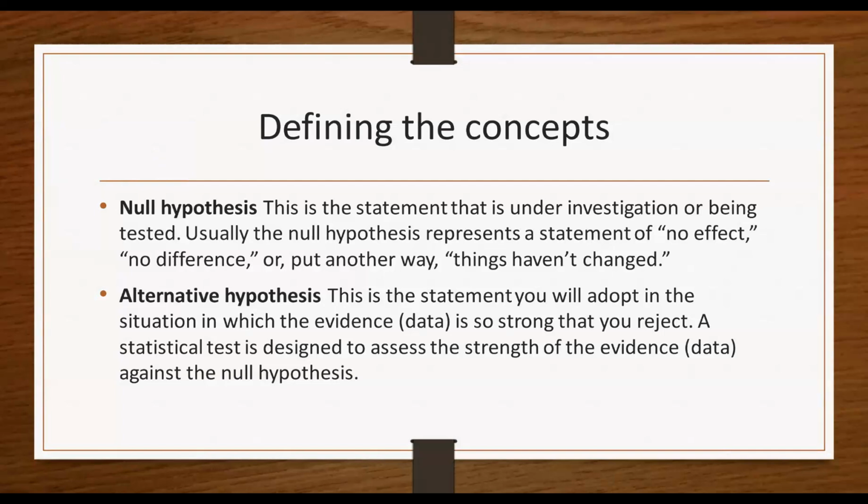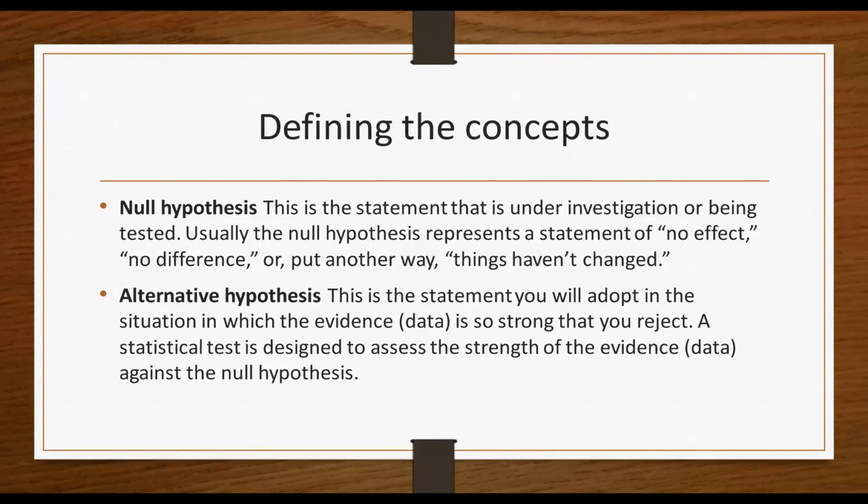That's a null hypothesis. Whereas an alternative hypothesis, the one that you are going to adopt in the situation, is actually a statistical test that is designed to assess the strength of the evidence against the null hypothesis. You get it?